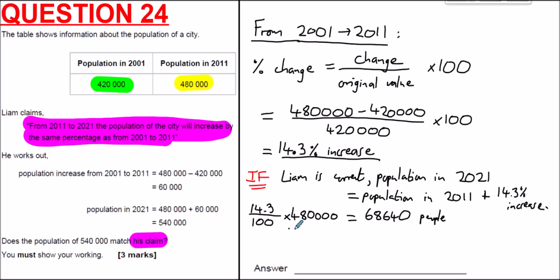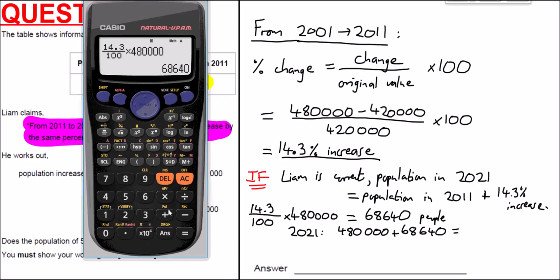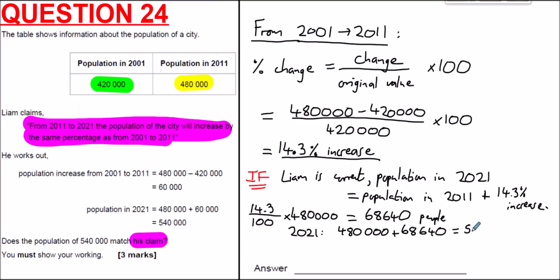So the population in 2021 would be the 480,000 plus this same percentage increase, which we just calculated above was 68,640, and that gives a total, or an expected total, of approximately 548,640 people.